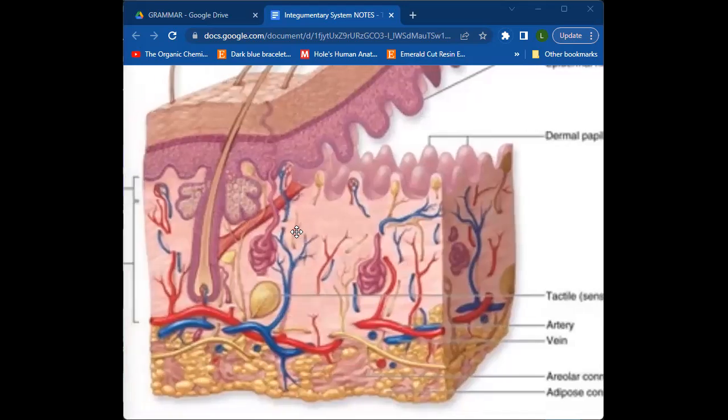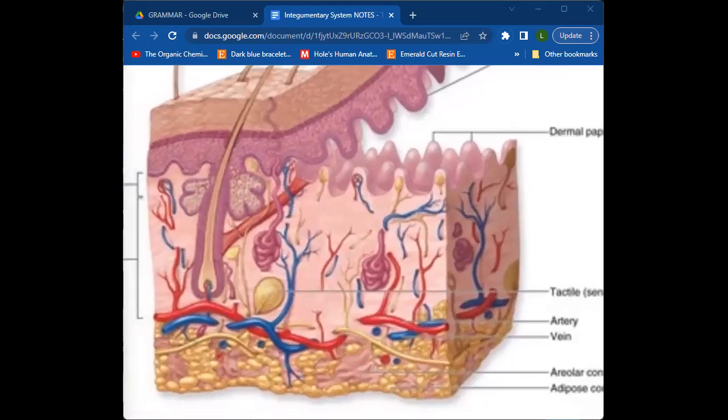Then underneath the papillary layer, there's a reticular layer. I like to call the reticular layer the busy layer because this is where you're going to find lots of blood vessels, hair follicles, nerves, and glands in a really high concentration.